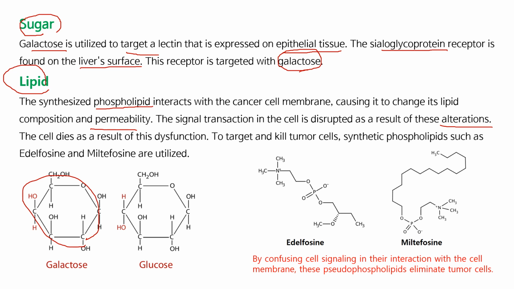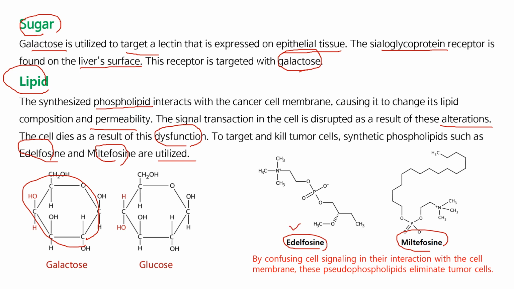The cell dies as a result of this dysfunction. To target and kill tumor cells, synthetic phospholipids such as edelfosine and miltefosine are used. This is the edelfosine and miltefosine chemical structure.